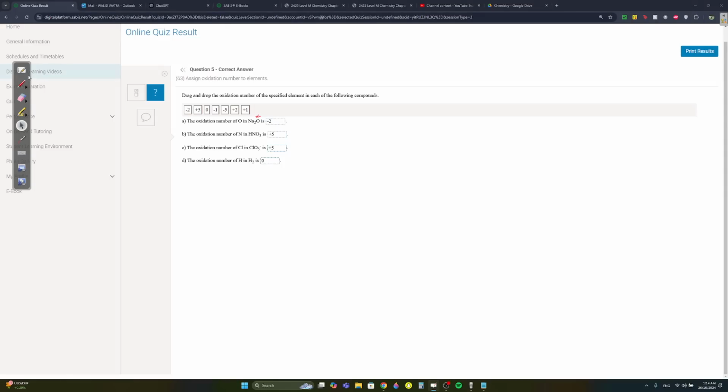And sodium is a metal, so it will be different. It won't just be -2. Even though the answer is -2, you can't just say -2 directly. Na2O. It's a group 1 metal, so it's going to be 2 times, how much is a group 1 metal? It's always +1. Plus O, let's just call it X. And how much is the total charge of it? It's 0, right? So X is going to be equal to -2.